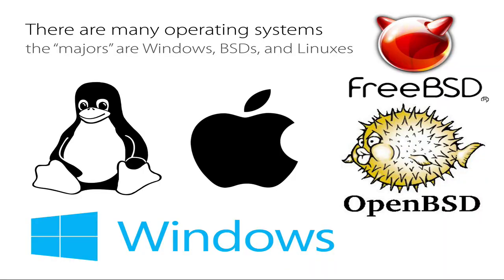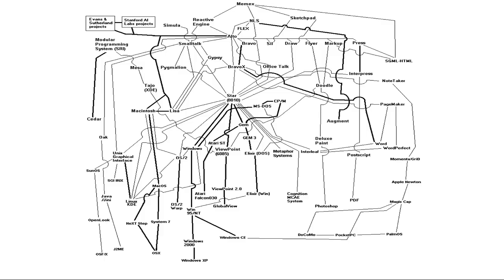Now, the operating system sits on top of the BIOS, and there are many different operating systems out there. The majors are Windows, BSDs, Berkeley Source Distribution, and the various Linux flavors. Here you see this fancy penguin. That's typically the Linux icon, and various FreeBSDs. I'm a big fan of FreeBSD. I love that. And of course, Mac OS X, which is based on FreeBSD.